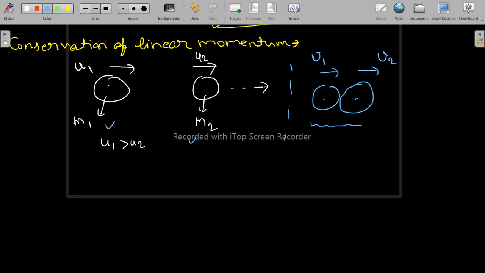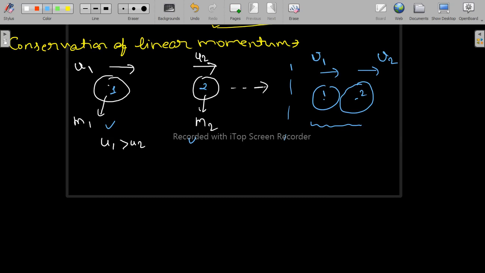And how can we get it? Now see here, when this first object collides with the second object, the first object will apply some force on the second object. This is object 1 and this is object 2. When the first object applies force on the second object, then as per Newton's third law of motion, the second object will apply some force on object 1 also.